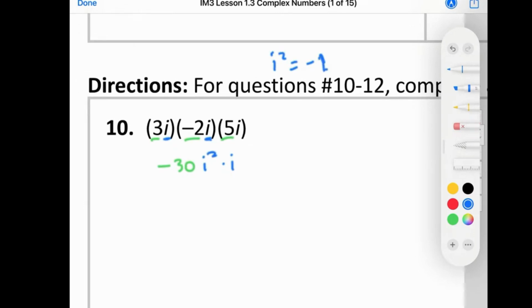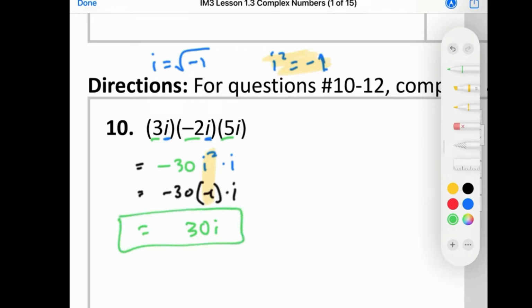I equals the square root of negative 1. So if I do this idea, I have negative 30 times negative 1 times i. And then you can just simplify that to be positive 30i. We like to write the i, or kind of like the variables, on the second part there.